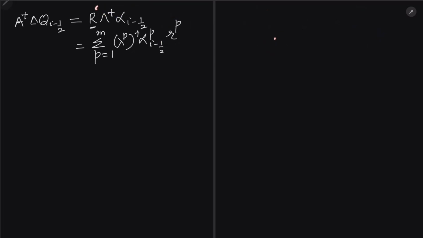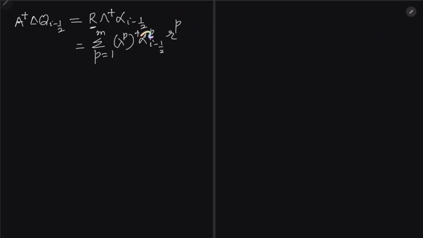So this small r is due to that capital R, which is a matrix. Omega positive has the positive speeds, and alpha I minus 1 half is already there. We just write it in the waveform.